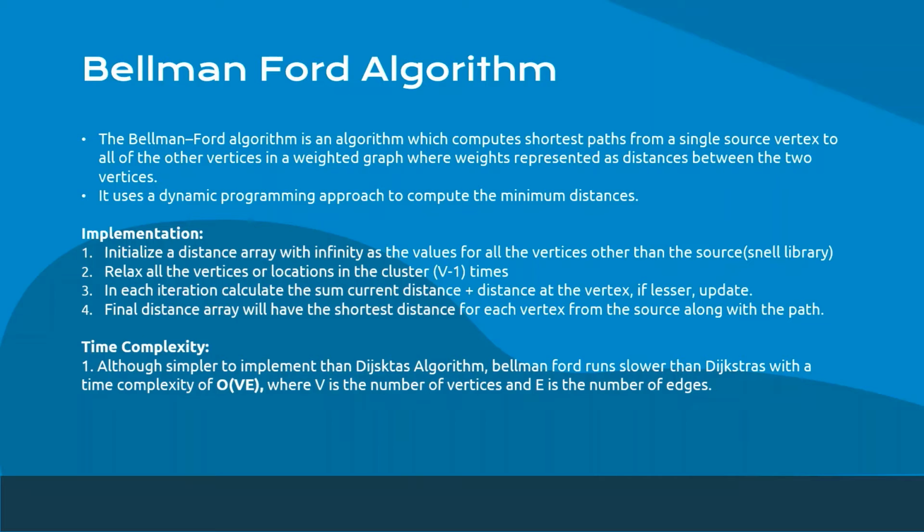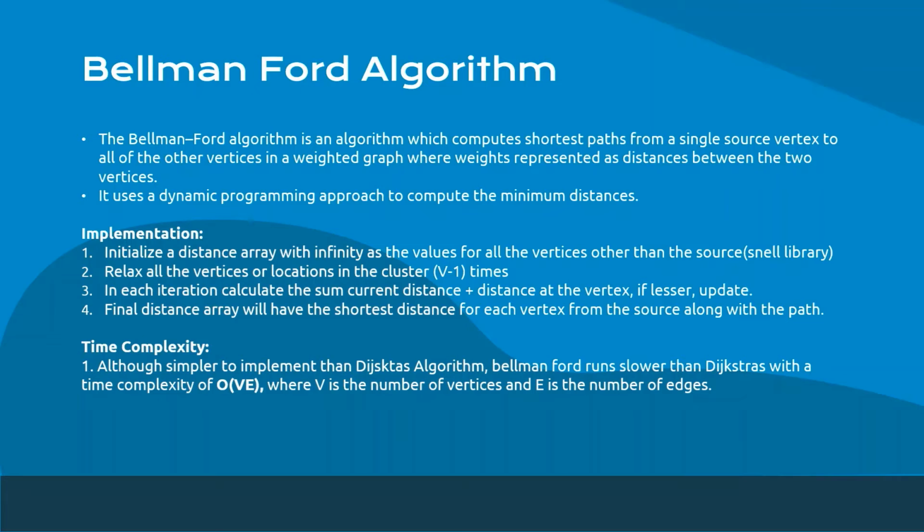In each iteration, we calculate the sum of the distance currently at the source plus the weight of the edge. If it is lesser than the distance of the destination, then we update the distance. Finally, the distance array has the shortest path from source to each vertex.